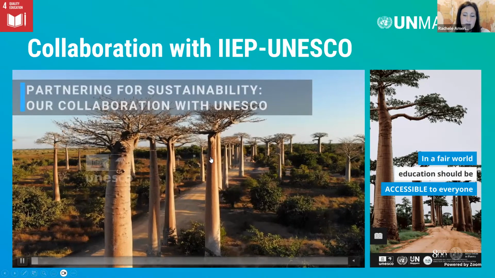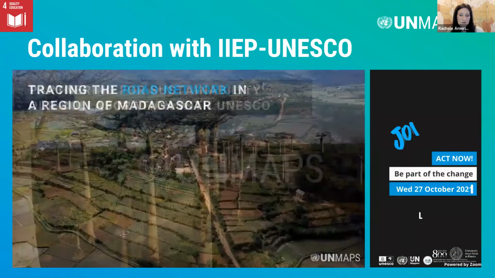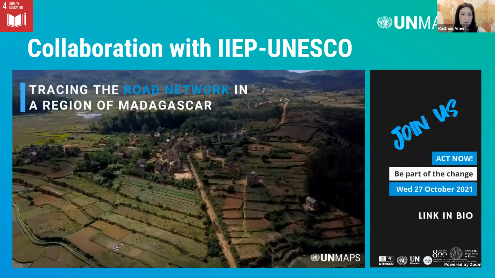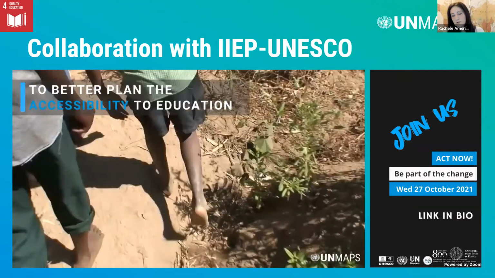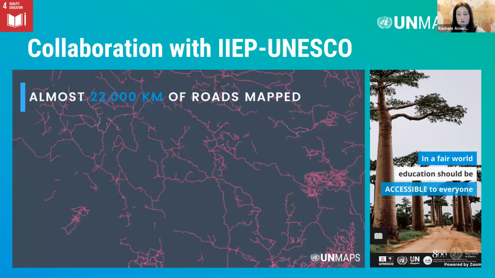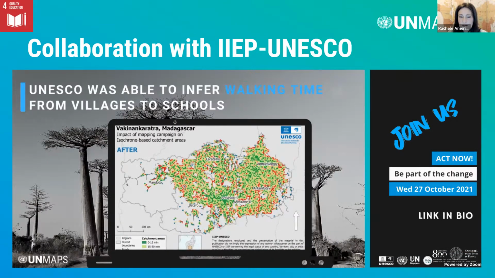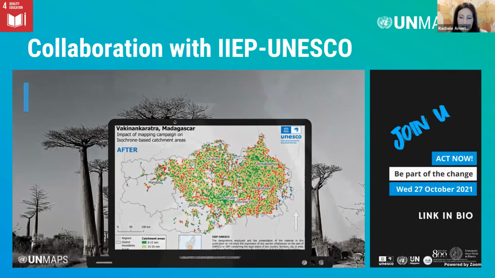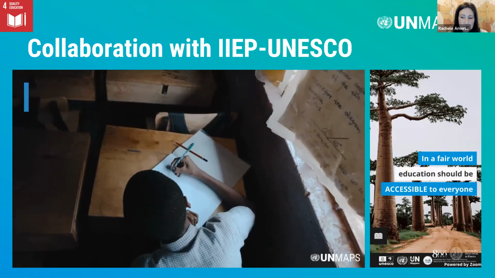So here we can see an example of a collaboration that we did with UNESCO. In this case, we were mapping roads. UNESCO asked us if we could activate the community to map the roads in this region of Madagascar, to then calculate the time for the children to go from the villages to the schools.